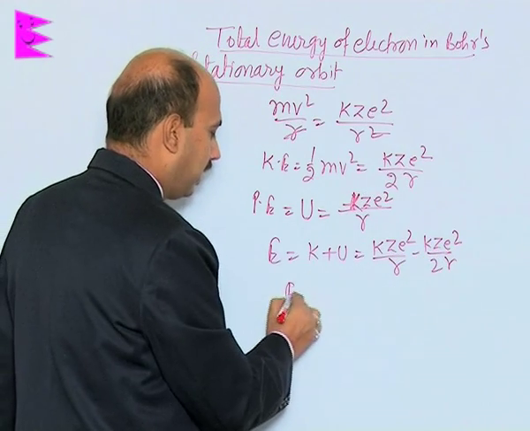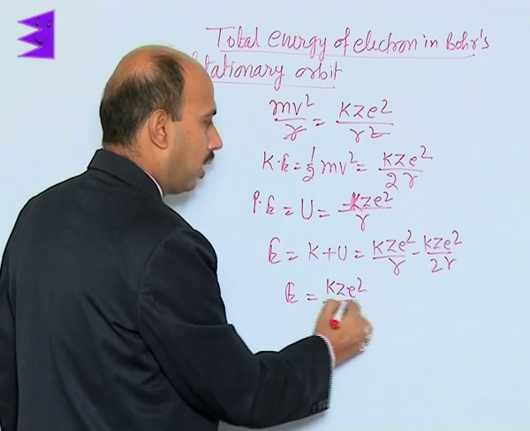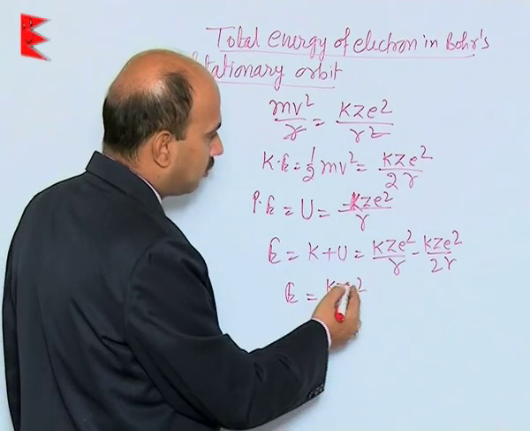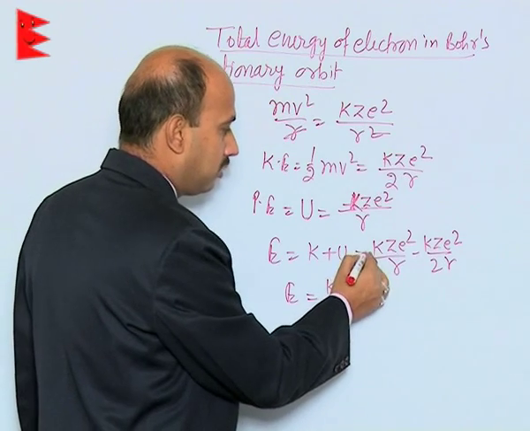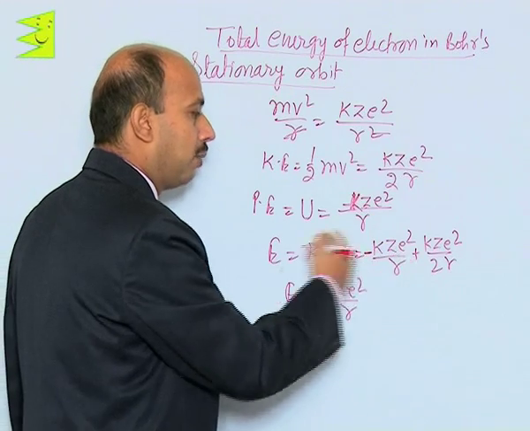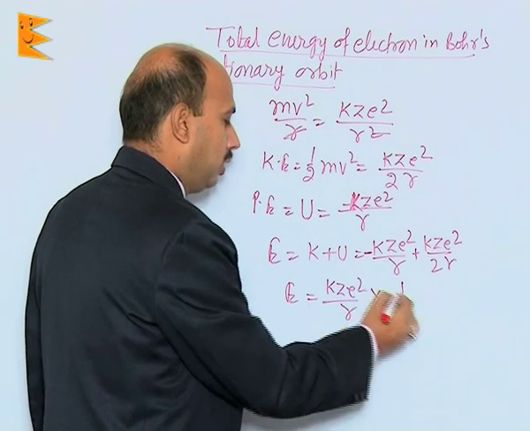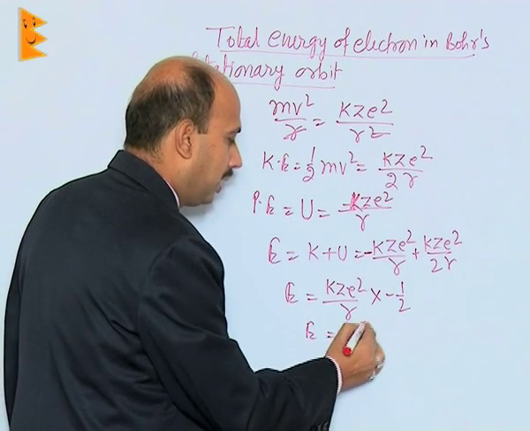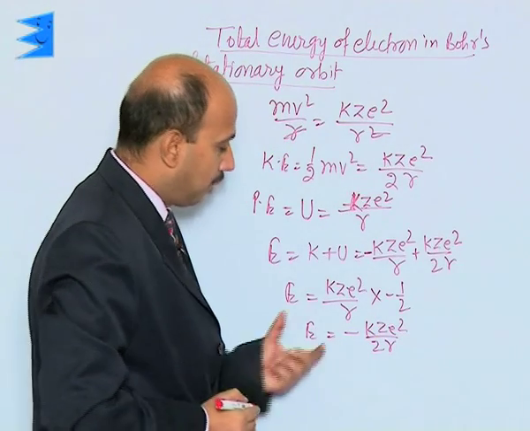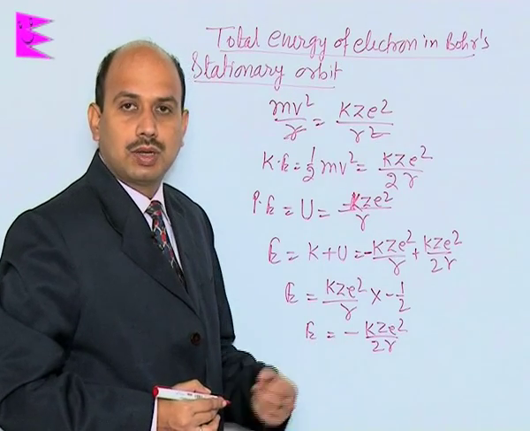When we solve it, we can take kze square upon r common, so we will get minus 1 by 2. So E is equal to minus kze square upon twice of r. So this is the total energy of the electron revolving around the nucleus.